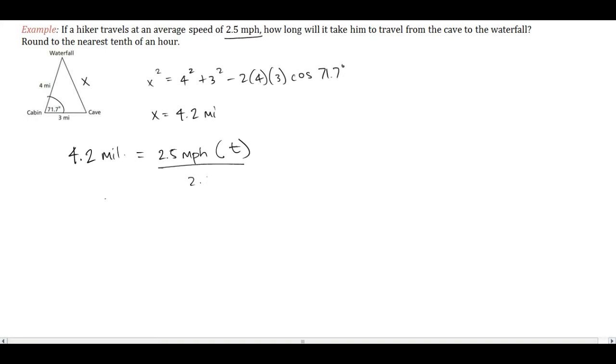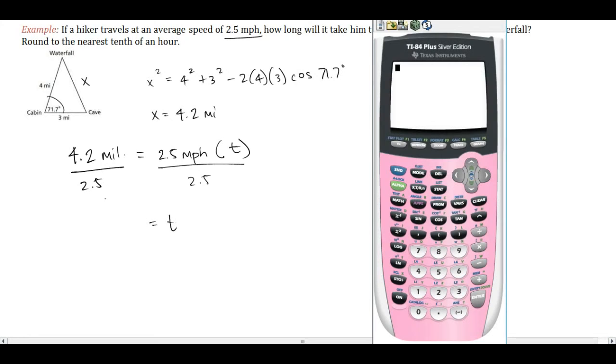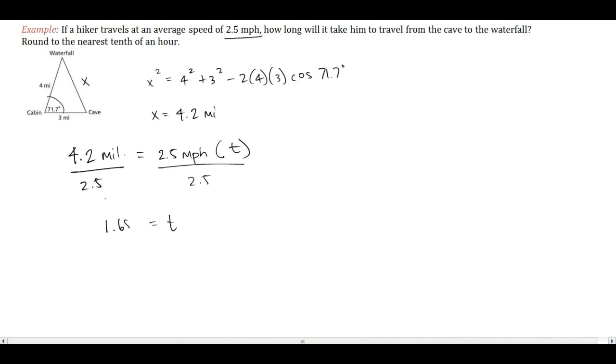I'll divide both sides by 2.5 mph. The calculator tells me 4.2 divided by 2.5 is 1.68 hours. They said to the nearest tenth, so we better change that. 1.7 hours is about what I can tell people it will take us to get from the cave to the waterfall.